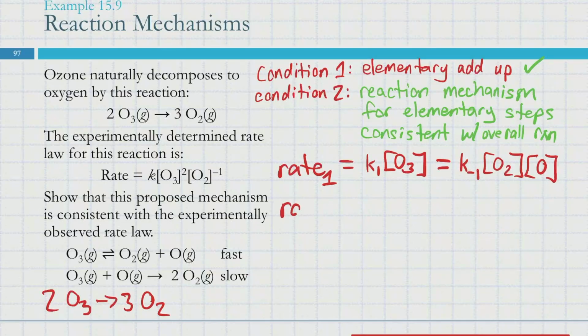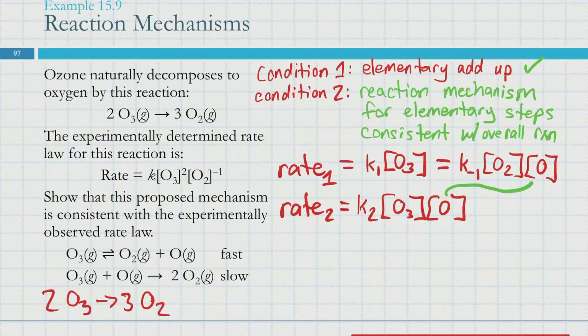And we also have a rate for step 2. For step 2, we've got O3 and oxygen, so ozone and atomic oxygen. So K2 times our first reactant times the concentration of our second reactant, which is our intermediate. And then we have to rearrange to get rid of that intermediate.